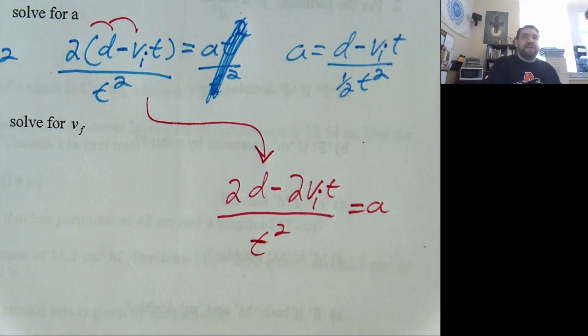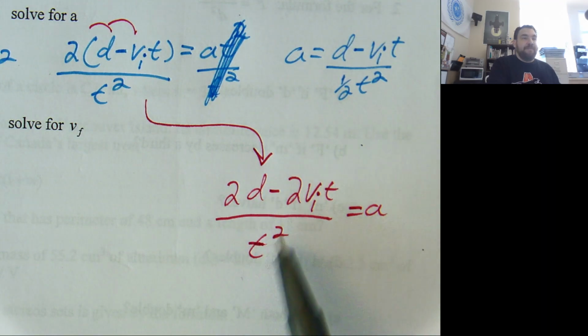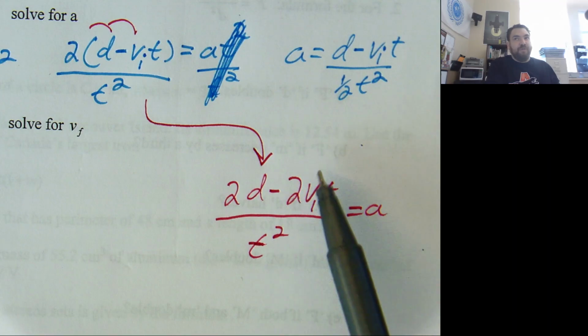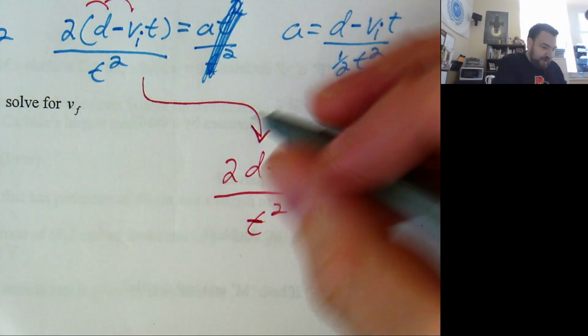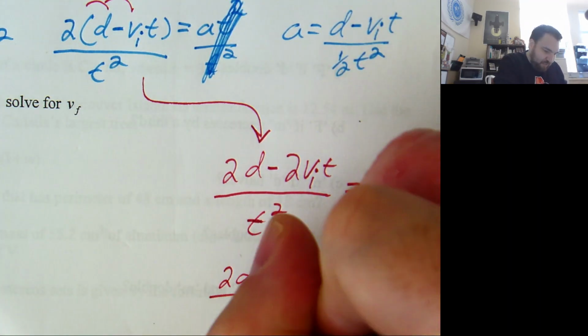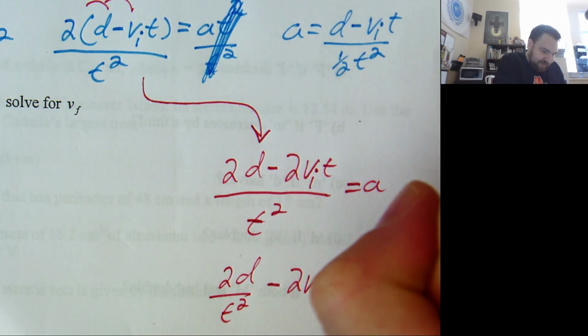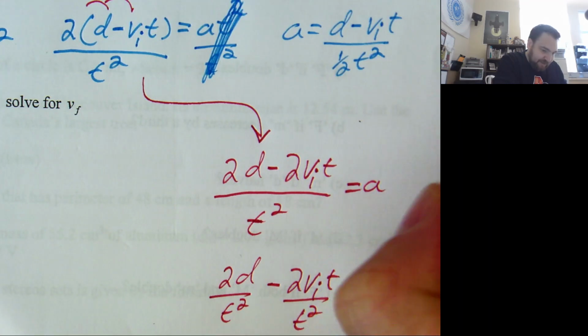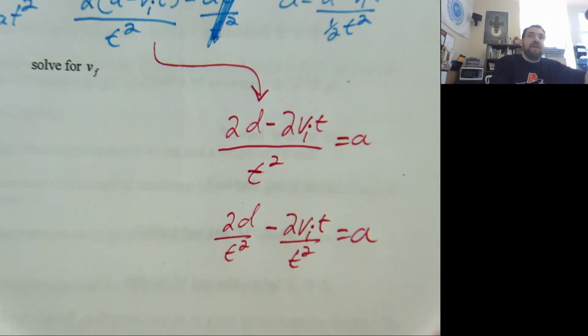And then there's another simplification we can actually make here. When you have multiple terms all divided by the same thing, you can rewrite it as this term over this and this term over this. So we can write this thing as 2d over t squared minus 2vit over t squared equals a. And then there's another simplification I can make here.